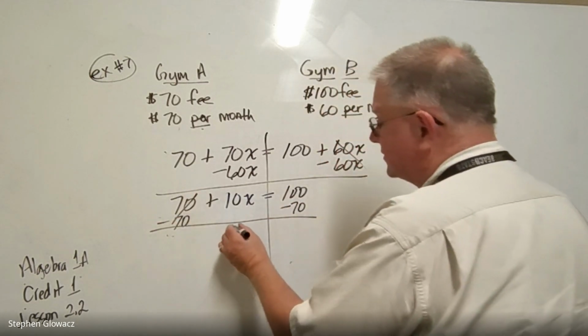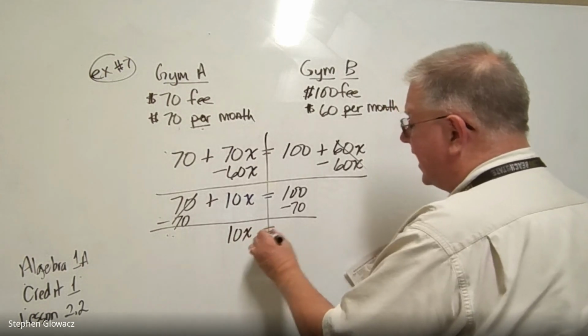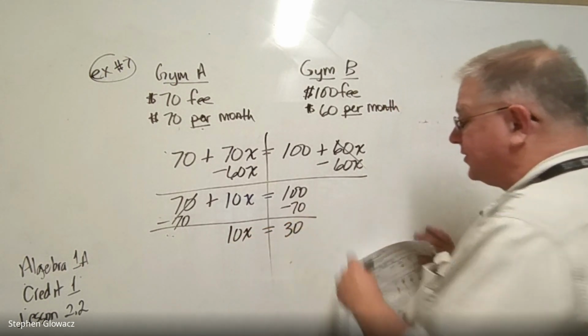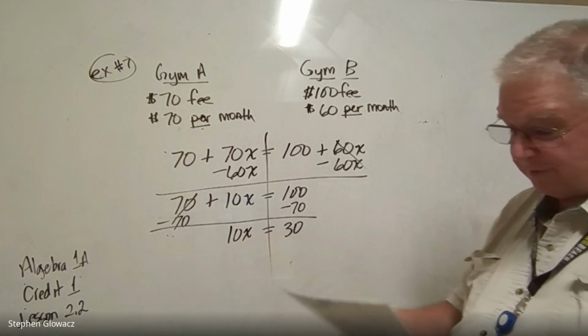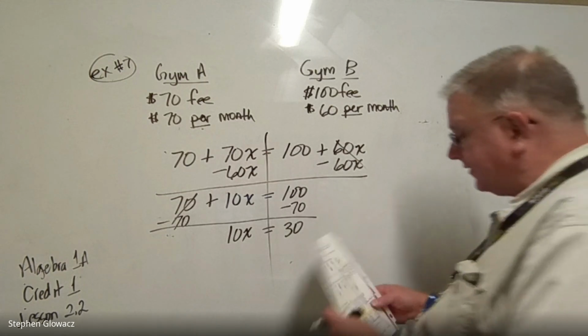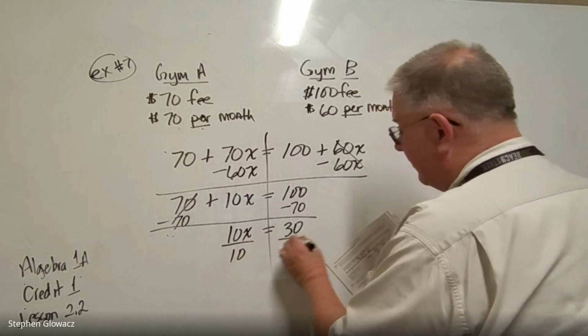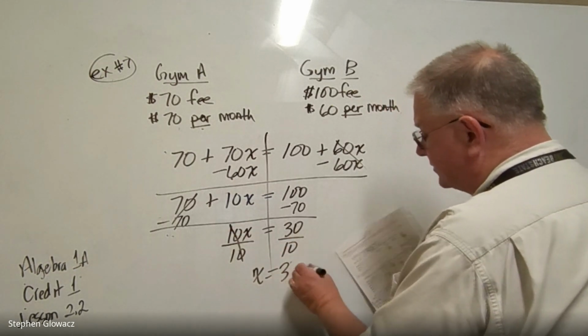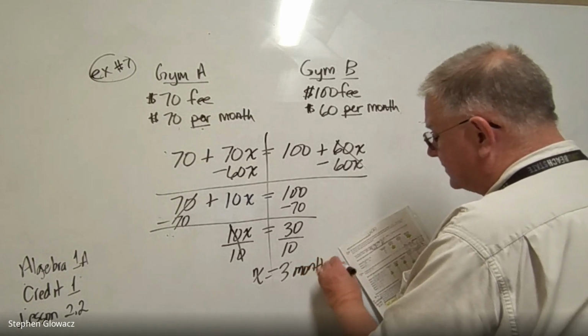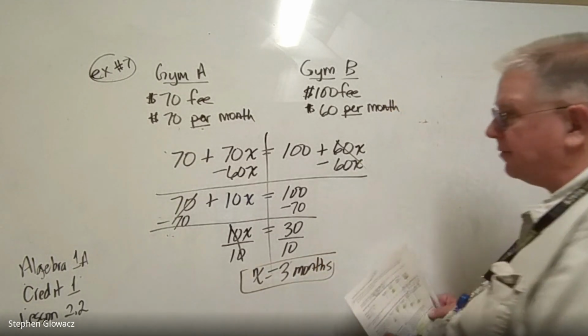The 70s cancel out. We bring down the 10x, and 100 minus 70 is 30. Our last step is x is being multiplied by 10, so we divide by 10 on both sides. And we find out that x, the 10s cancel, and 30 divided by 10 is 3. So in 3 months, both gyms will charge the same amount.